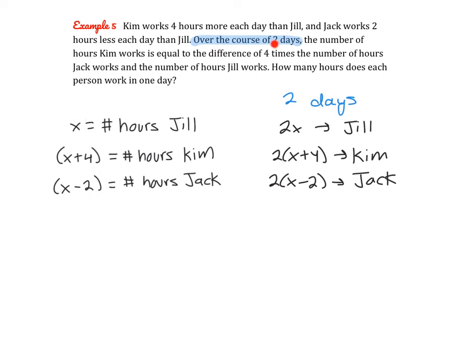It says over the course of 2 days, the number of hours Kim works, so let's start with this part. The number of hours Kim works, so that would be 2 times x plus 4.